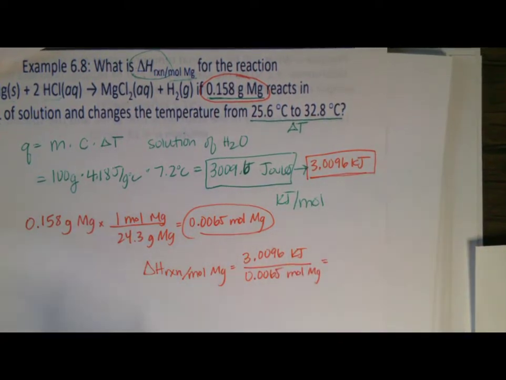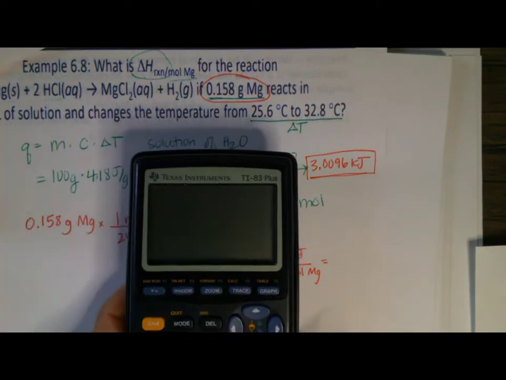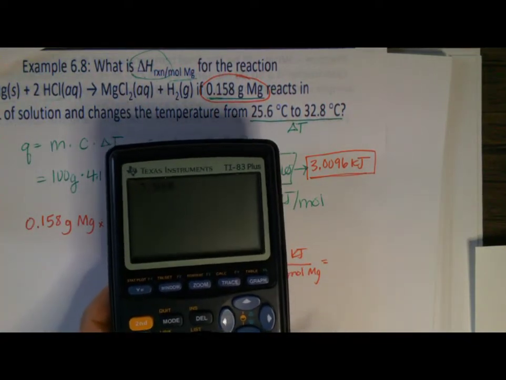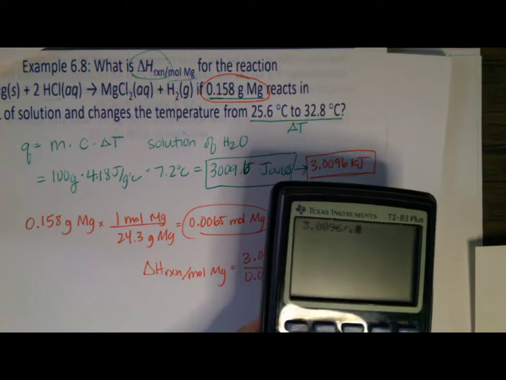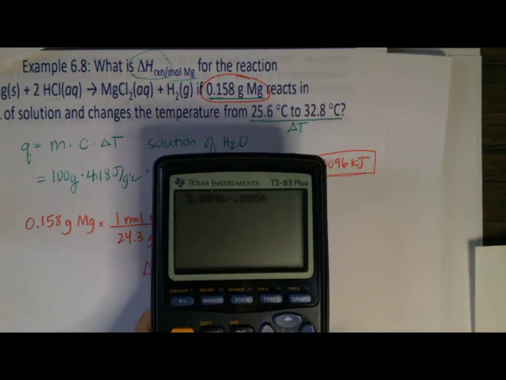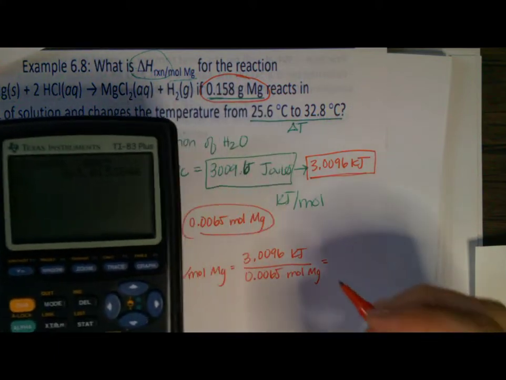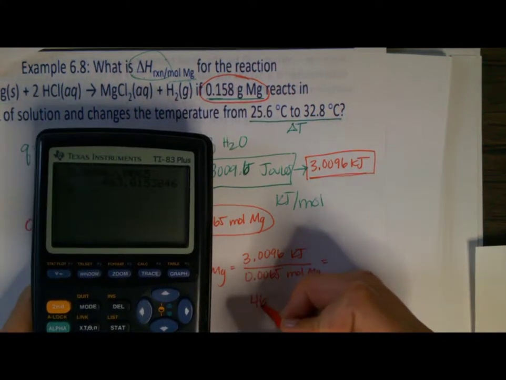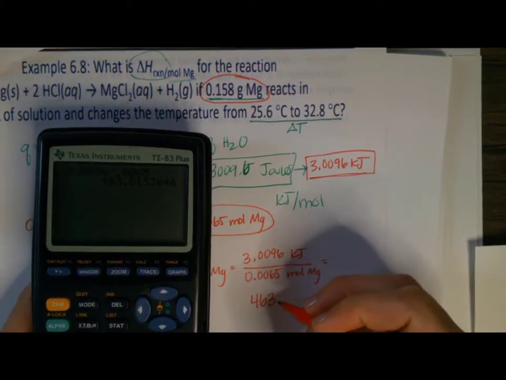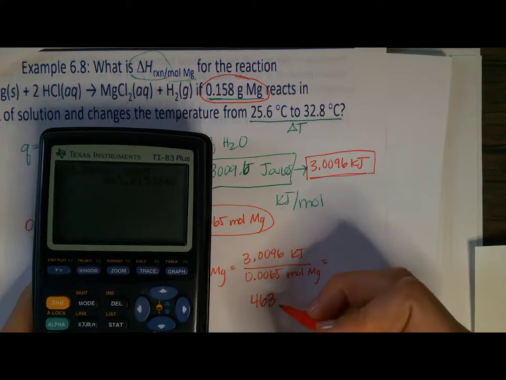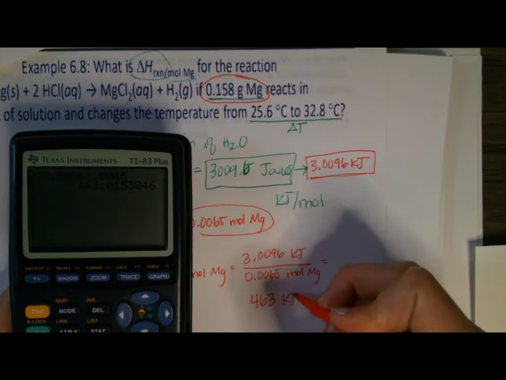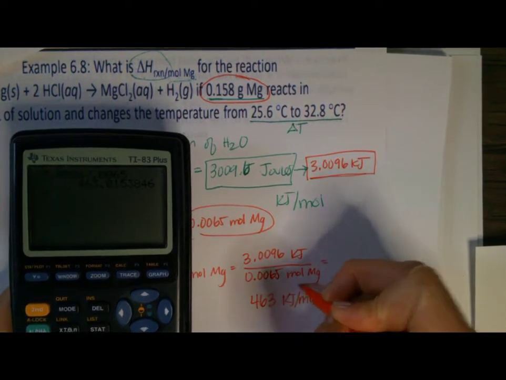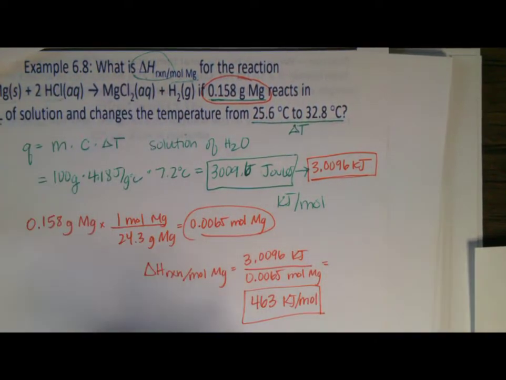So let's plug that in. 3.0096 divided by 0.0065. And we get 463.01, so we're just going to leave it 463 kilojoules per mole. There we go.